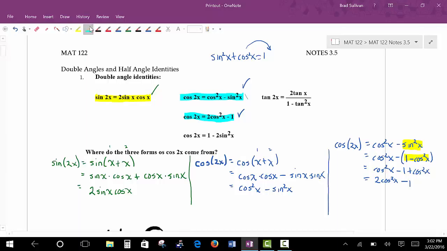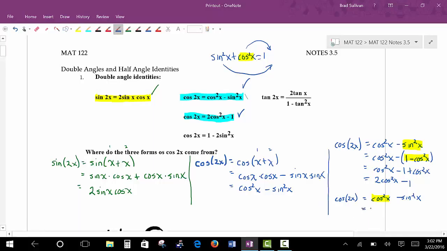Now we can also get this third form of the identity in a similar way. We start with cosine of 2x again equal to cosine squared x minus sine squared x. We can do a very simple substitution. Looking at the identity sine squared x plus cosine squared x equals 1, I can replace the cosine squared with what it's equal to in that identity.